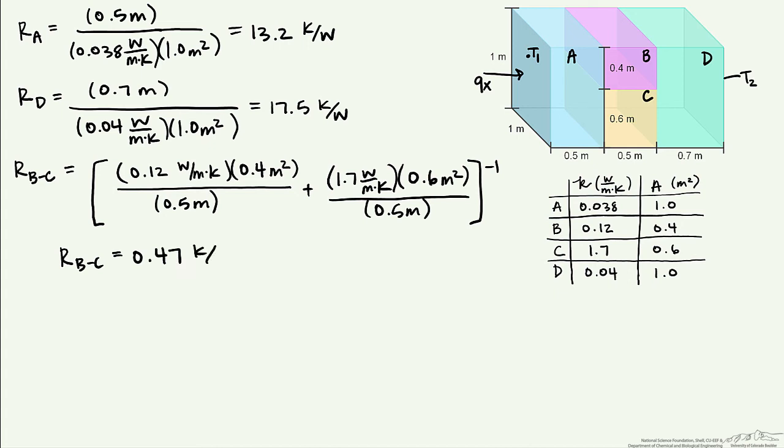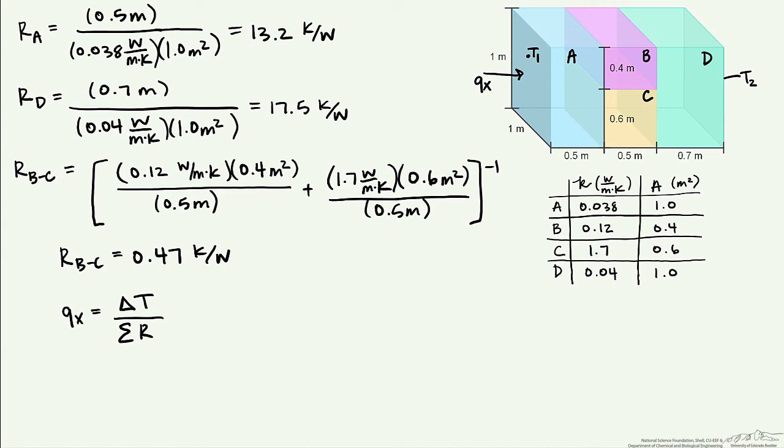If we want to calculate the heat transfer rate, that's just the difference in temperature divided by the sum of these resistances.